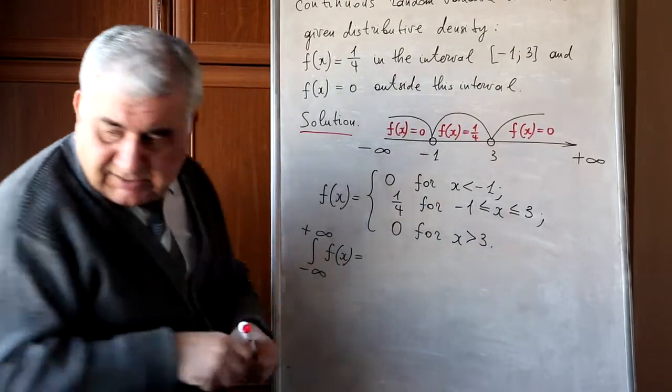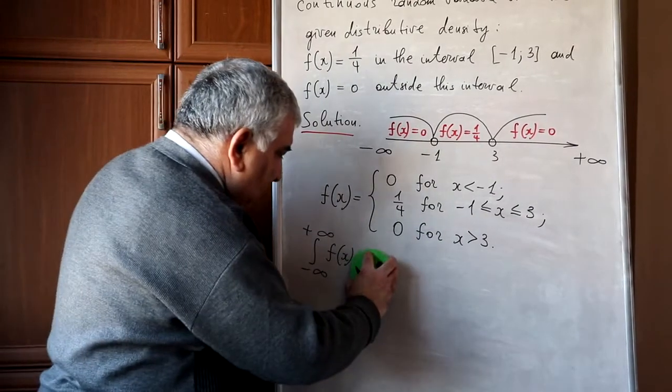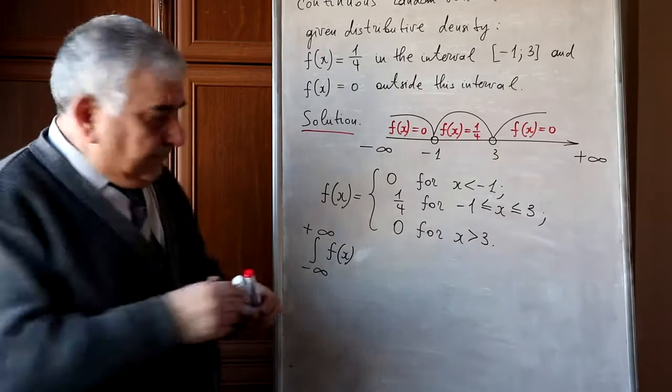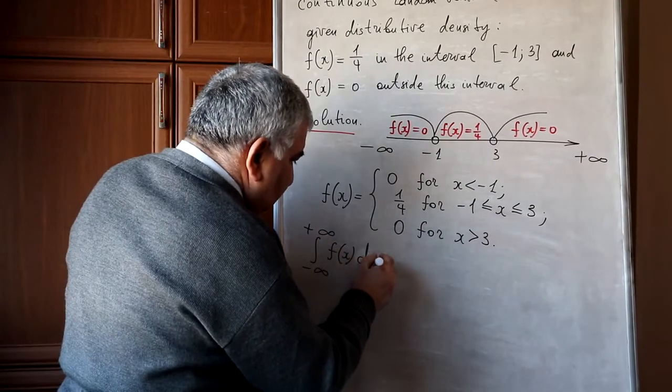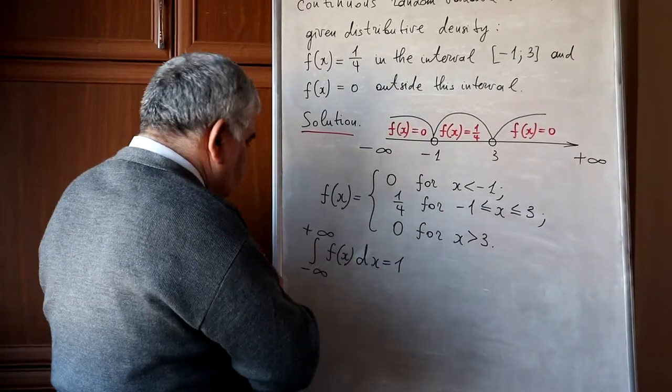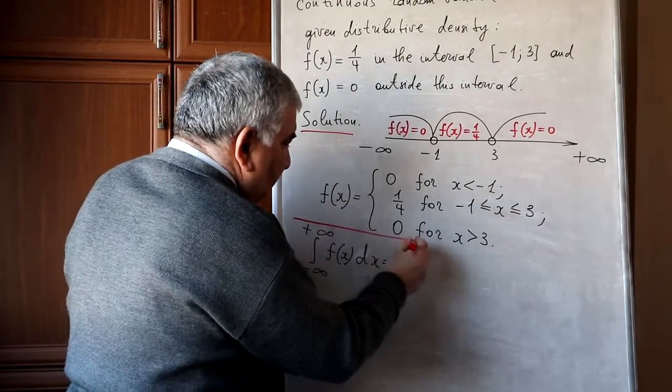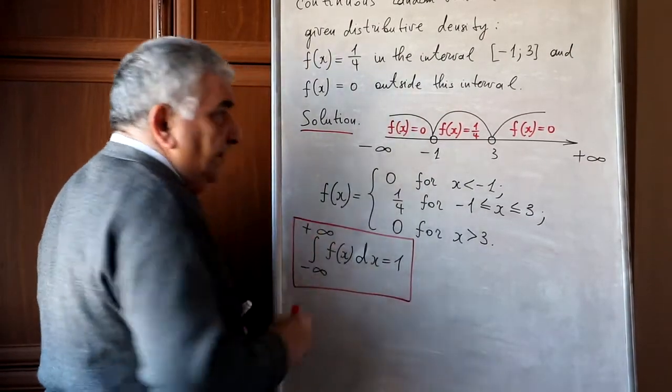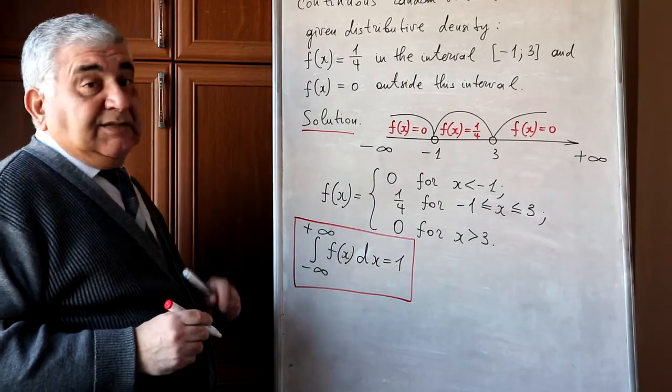I'm sorry, we must add dx. It is the main probability equality for the continuous random variable.